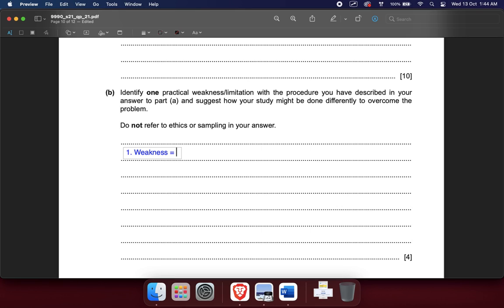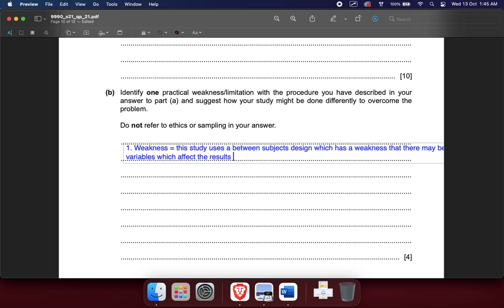Okay, so one weakness is that this study uses a between subjects design, which has a weakness that there may be participant variables which affect the results of the study.